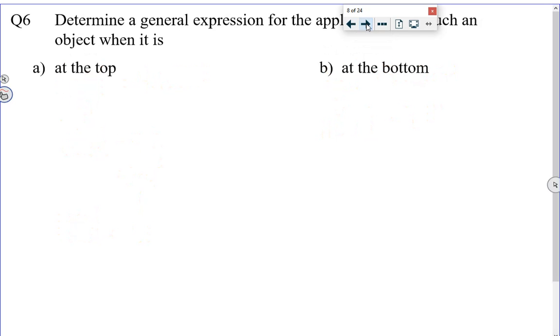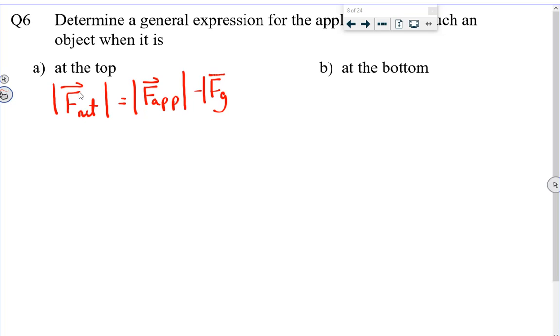For 6, when it's at the top, the net force has a magnitude equal to the applied force plus the force of gravity, which means the applied force, sorry, this is plus. Question 6a refers to the diagram on the right.